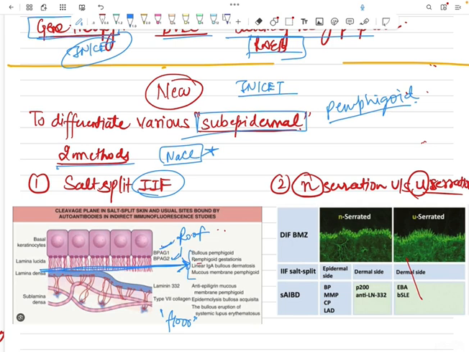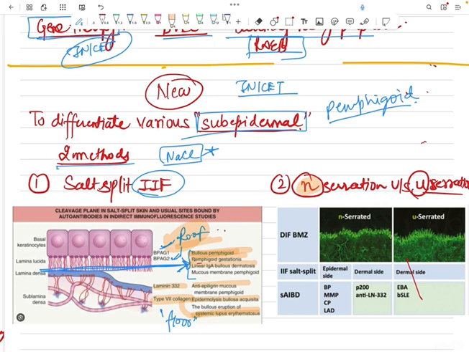So for your level, you should remember bullous pemphigoid, pemphigoid gestationis, linear IgA disease, everything shows roof pattern, right? Roof pattern. Anti-epiligrin if you want to, and EBA and bullous LE are important because they have laminin 332 and type 7 collagen; in LE and laminin 332 it is floor. For your level, remember roof pattern because BP can be a question.